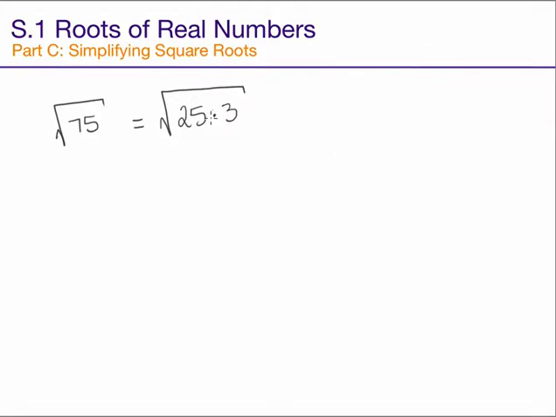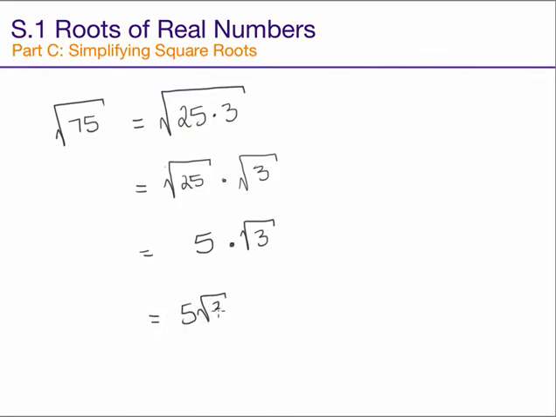Because I now have a product inside my square root, I can break the square root up into a product. 25 goes here, and 3 goes here. Now I'll rewrite my product as the square root of 25, which I know to be 5, times the square root of 3, which doesn't simplify. And that can be written as 5 times the square root of 3, or 5 root 3.